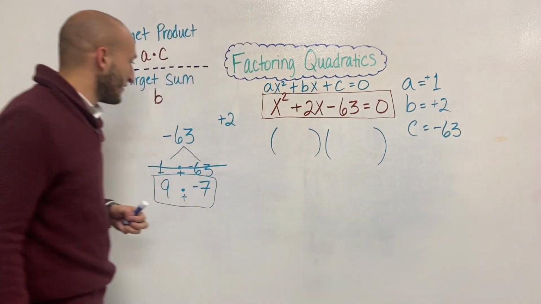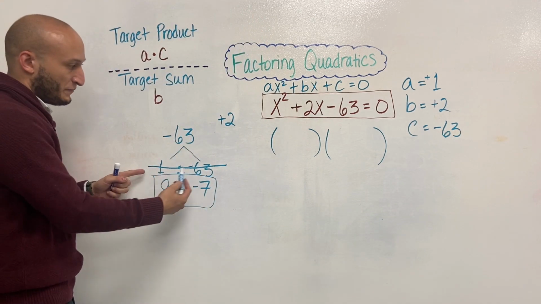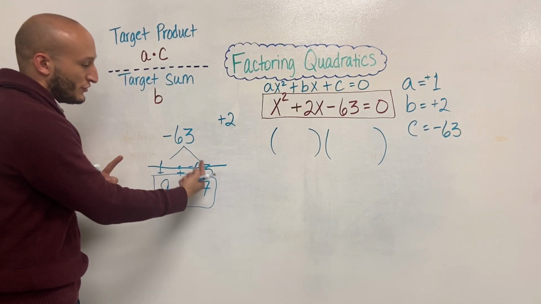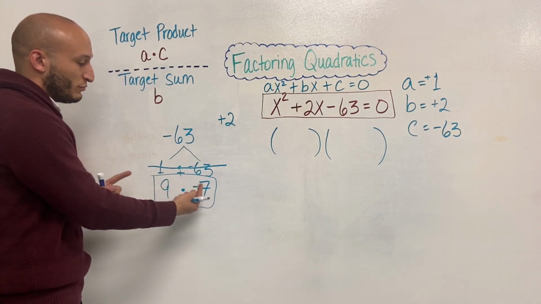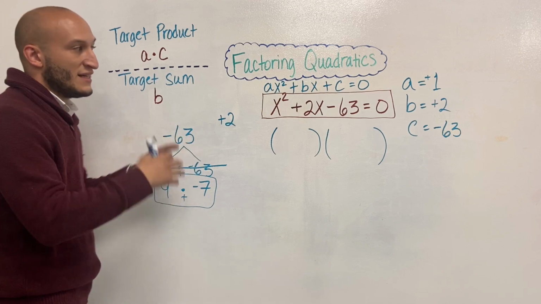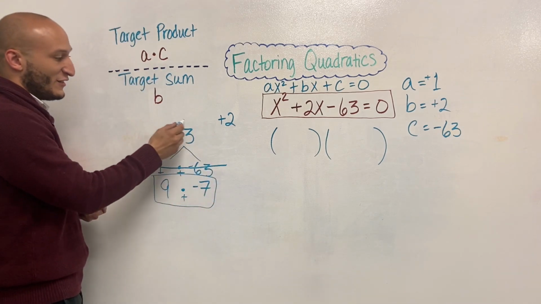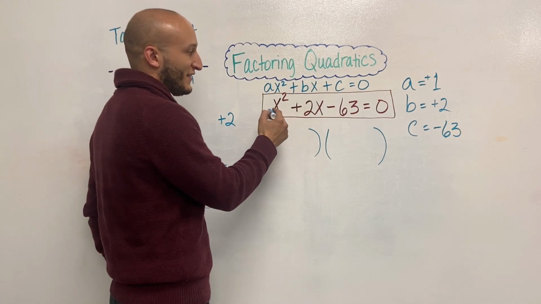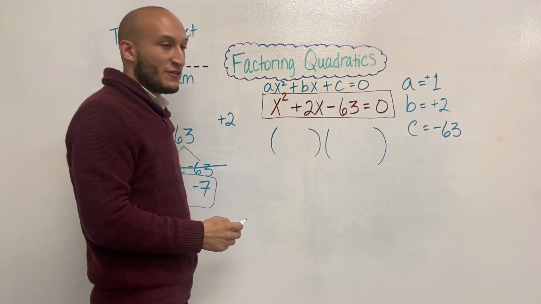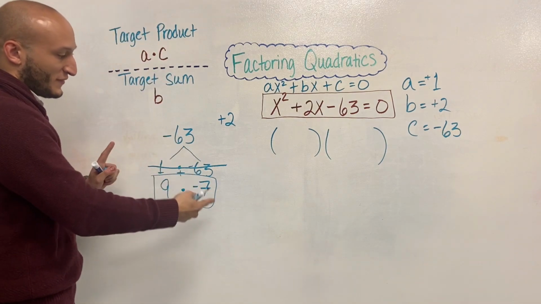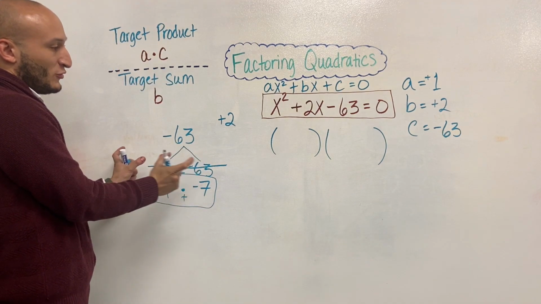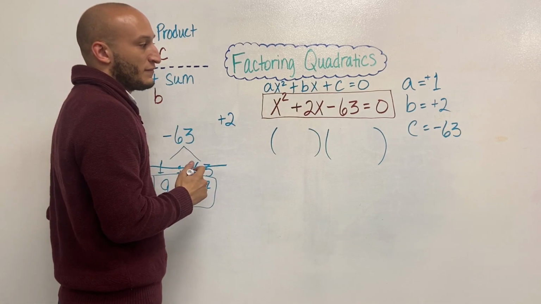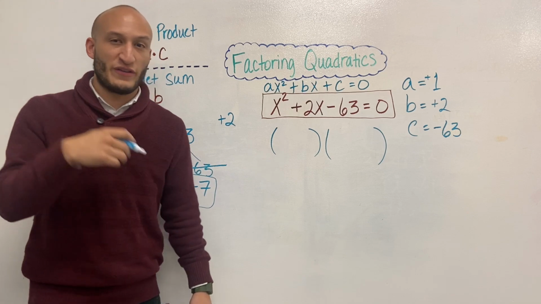Remember, just like I'm factoring negative 63 here, getting two terms that multiply to give me this number, I'm going to look at a whole quadratic equation and try to find two sets that multiply to give me this equation. It's kind of like reverse FOILing.